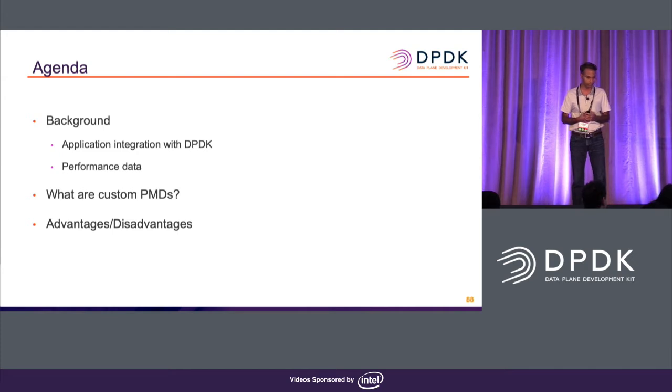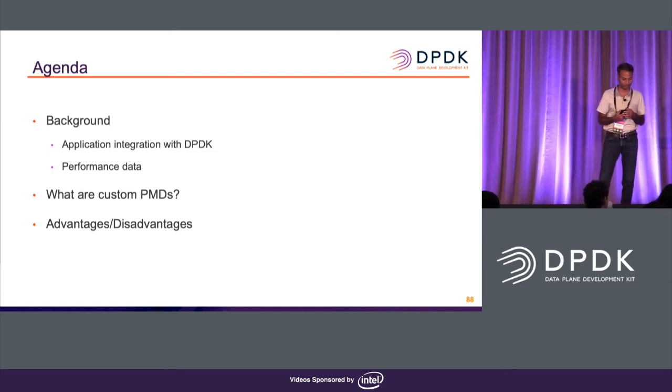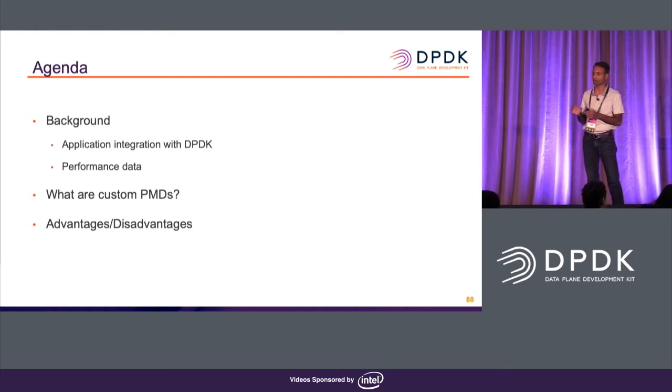So the agenda is going to be a lot of background information, which tries to explain the problem that I see. I'll corroborate that with some performance data that's available in open source.